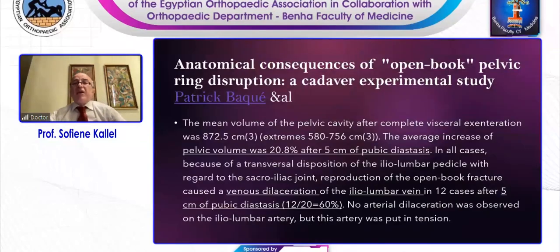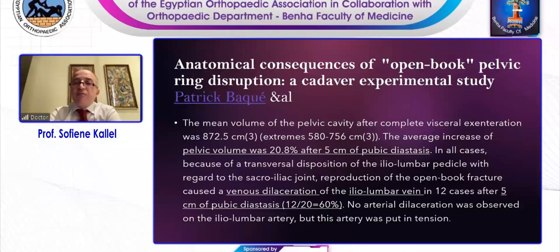Why do they have hemodynamic problems? Because after an open book pelvic ring disruption, the mean volume of the pelvic cavity after complete visceral externalization is almost 870 cubic centimeters, extremes between 580 and 75. This average increase of the pelvis is 20%. There is 20% more volume in the pelvis when you have a diastasis of more than 5 centimeters.